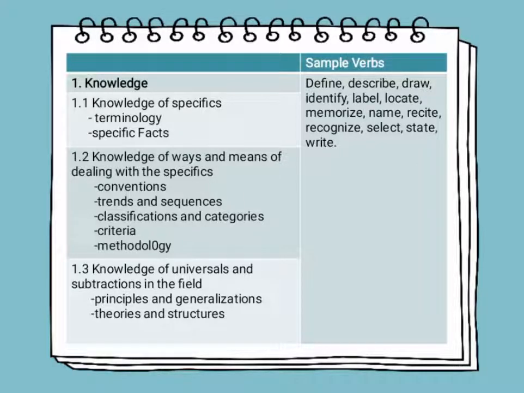Sa 1.3, knowledge and universal and abstraction in the field. Dito naman nakapaloob ang principles and generalizations, theories and abstractions. Ang sample verbs ng knowledge ay define, describe, draw, identify, label, locate, memorize, name, recite, recognize, select, state, and write.